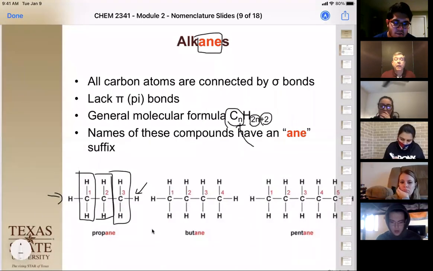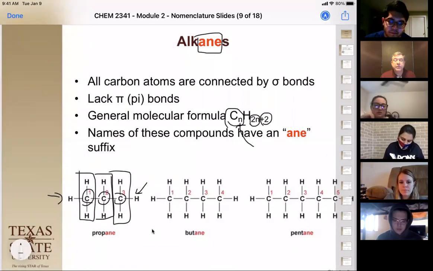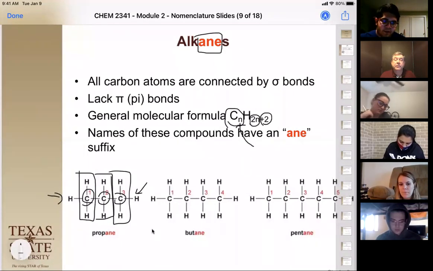Now we give the names to these by how many carbons are in these chains. So in this case here, we have 1, 2, 3 carbons. And what we're going to learn is there's a special name for 3 carbons in a chain, and that prefix is called prop. Prop means 3, and I'll go through all of the numbers and you will have to know these and memorize these.